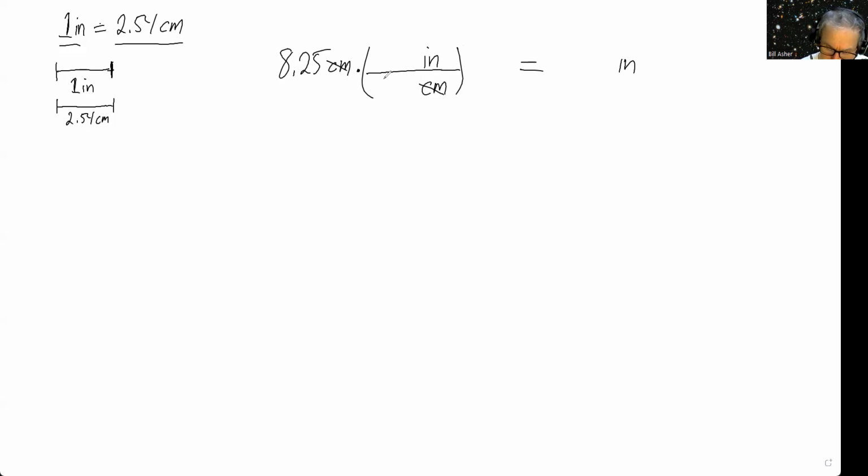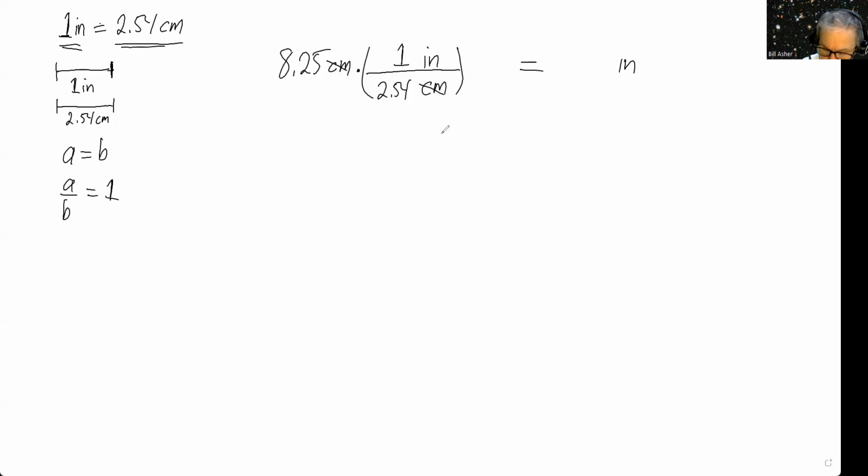From our equivalence statement, the coefficients are 1 and 2.54, because if this equals that, then dividing this by that gives 1. It's the same thing as saying if A equals B, then A over B is equal to 1.